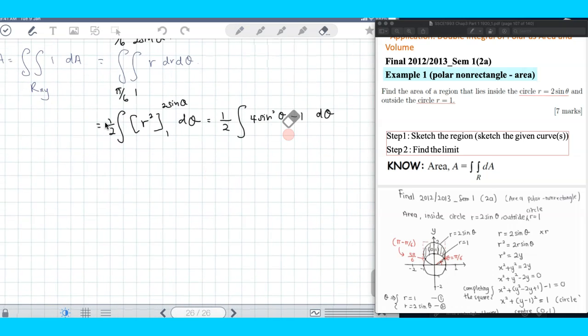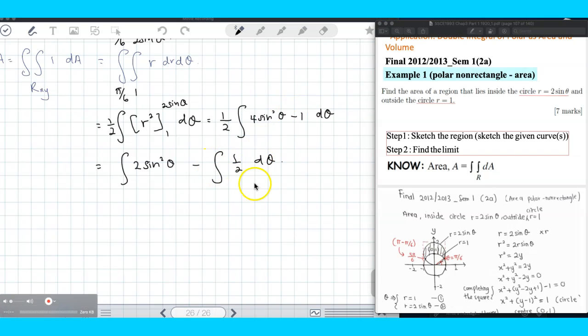Okay, so it looks like you have two terms here. So let's see, I separate them. So I will get 2 sine squared theta minus 1 over 2, d theta.